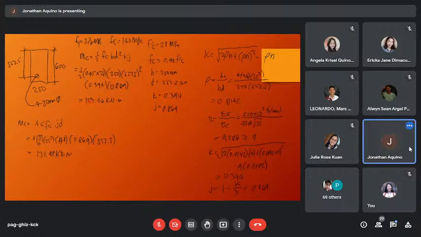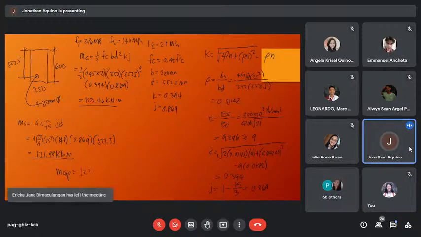So from that, the moment capacity of the beam is equal to the minimum between MS and MC. So the moment capacity is 123.46 kilonewton meter. So ito yung base sa derived formula which comes from the cross-section properties. Okay?